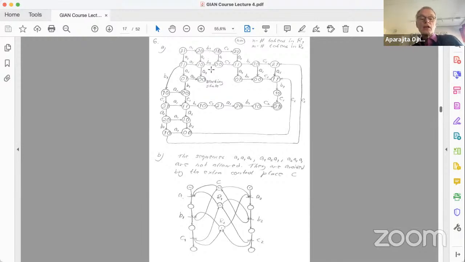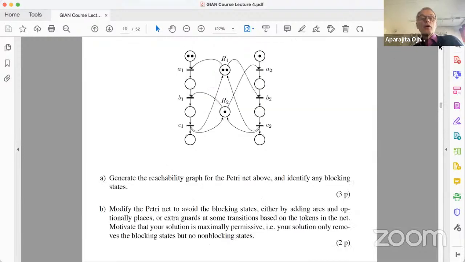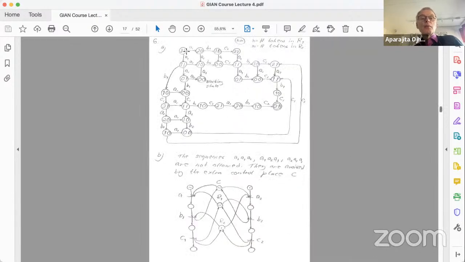We can just say that okay, you can, for instance, make an A1, and in that case, remove the number of tokens in the first place up here by 1. So you could say that the states I show you here, the numbers 2, 1, 2, 0, etc. These markings are not complete.